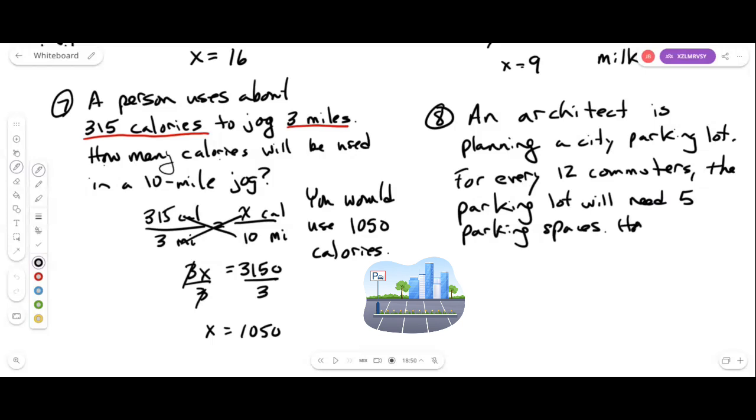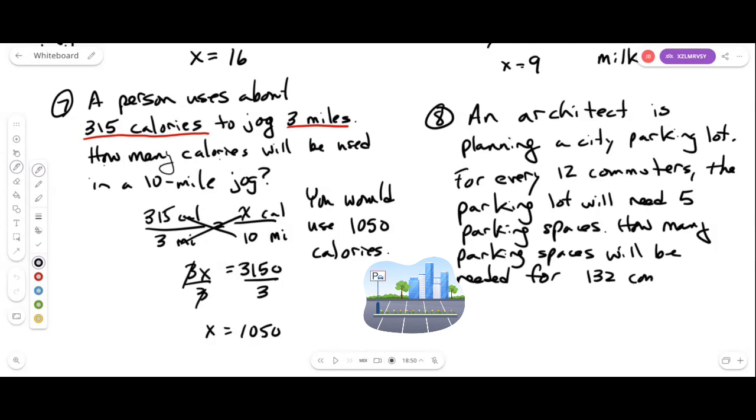How many parking spaces will be needed for 132 commuters?